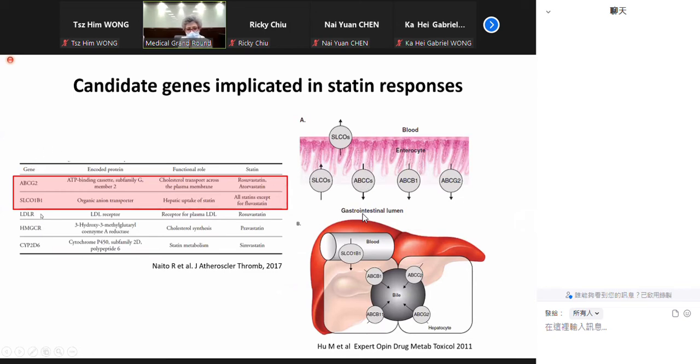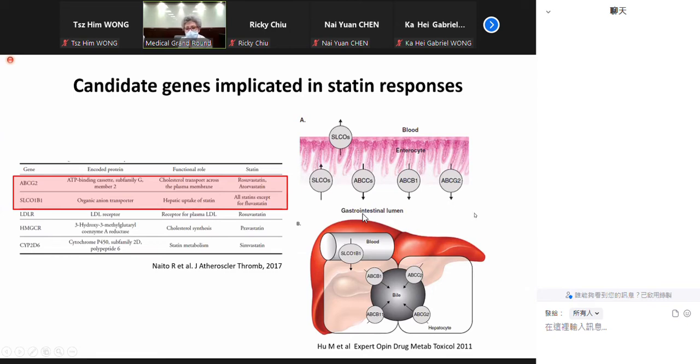One is the ABCG2 and then also the SLCO1B1 gene. These are genes involved in transporting a lot of drugs and also endogenous substances. So particularly here, for example, these are the anthracytes. Okay, and basically, the cholesterol or the drugs.